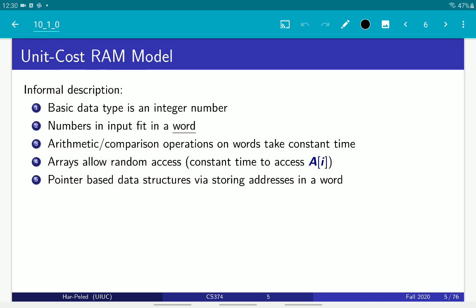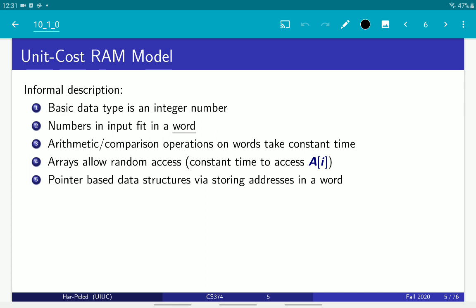We're not going to worry too much about how much information is stored in a cell of memory. The cell of the memory would store a word, and words for our purposes are sufficiently large to hold whatever they need to hold.